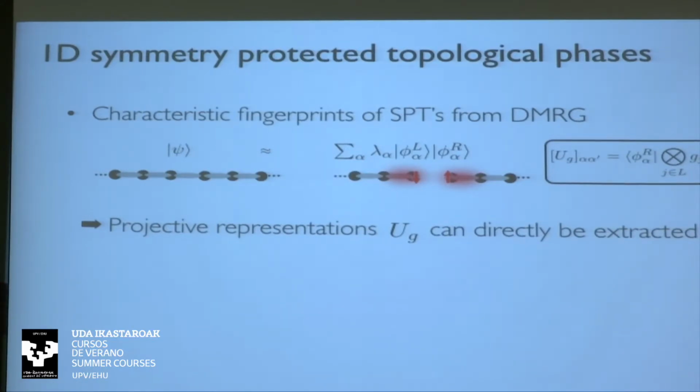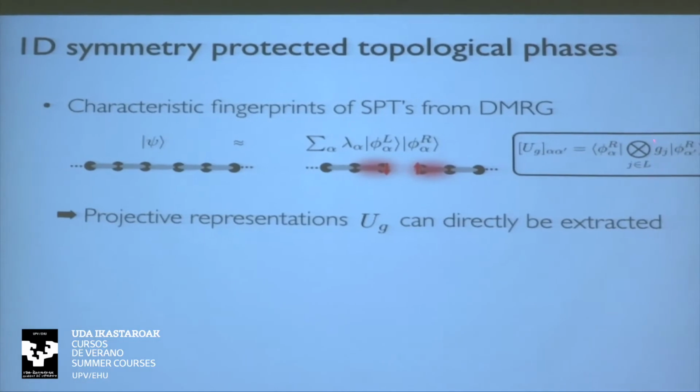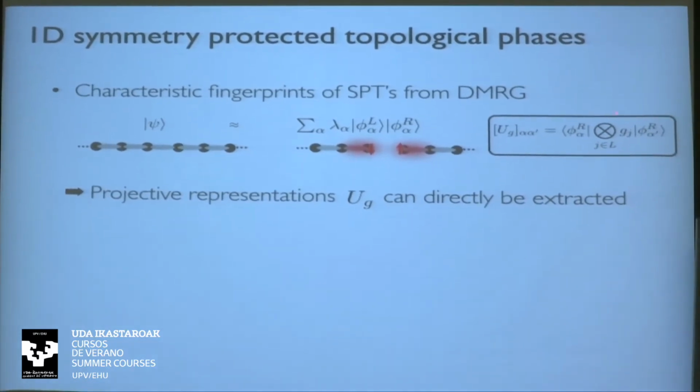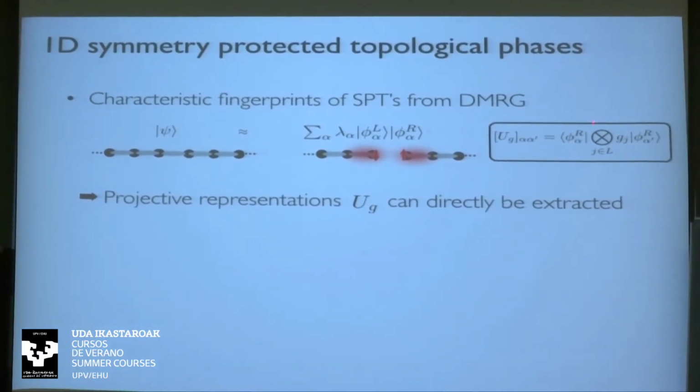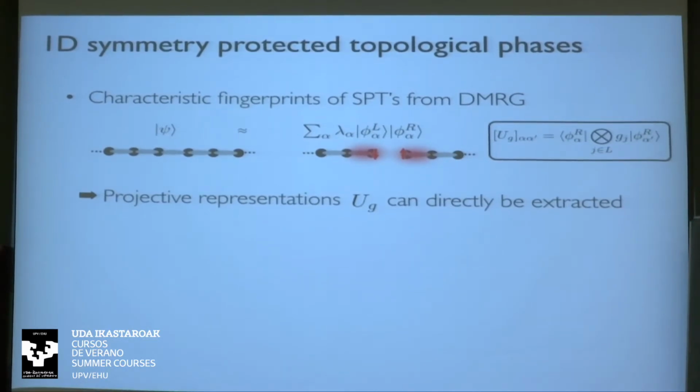And it's actually as easy as the following. We just take the symmetry operation, which could be spin rotations or alike, and, actually, this should be an R, right?